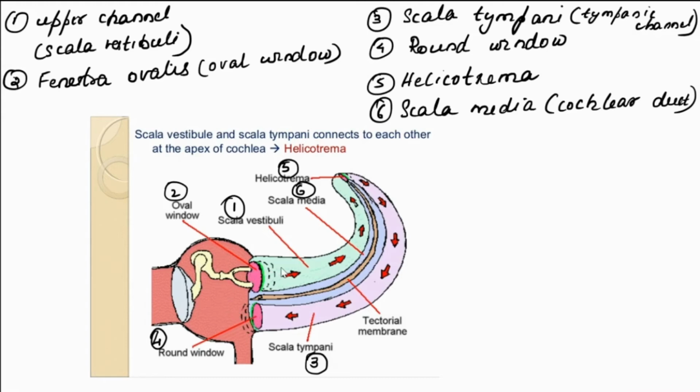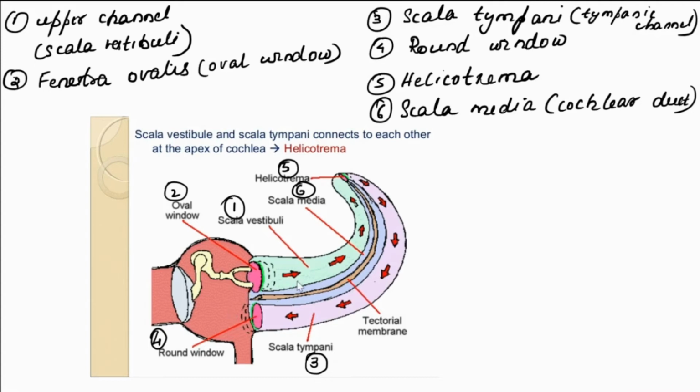So scala vestibulae, the upper channel, communicates with the oval window. The lowermost or basal channel, scala tympani, communicates with the round window. Both these windows open towards the middle ear.